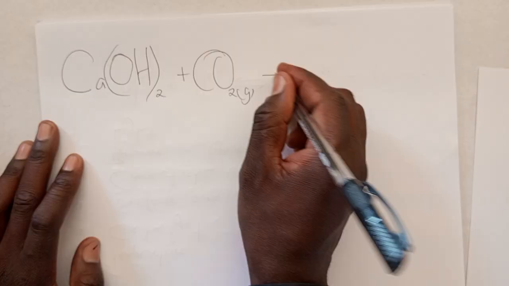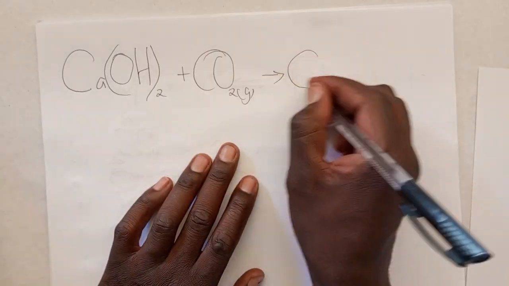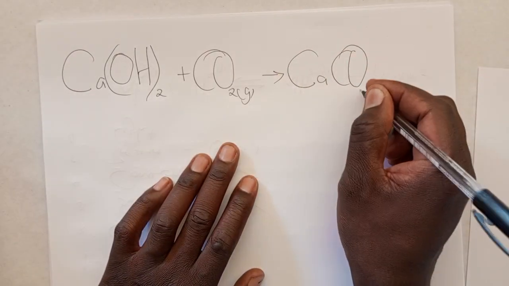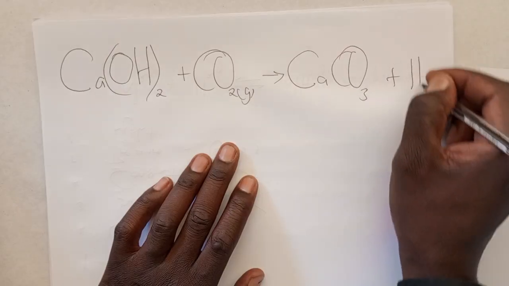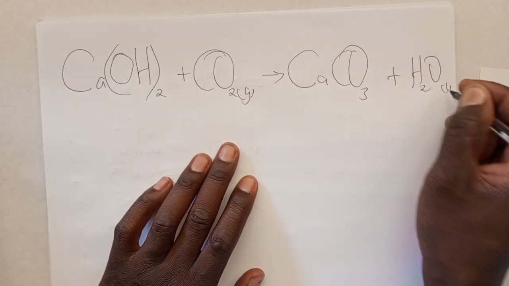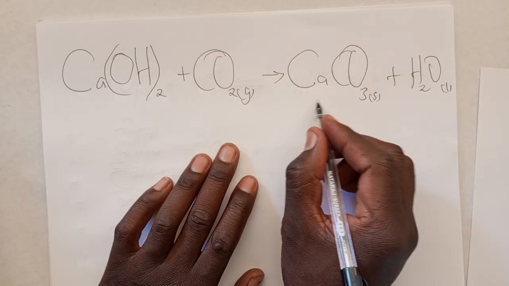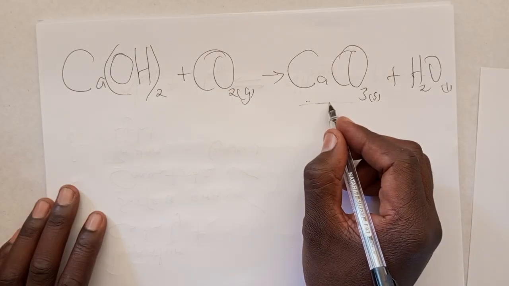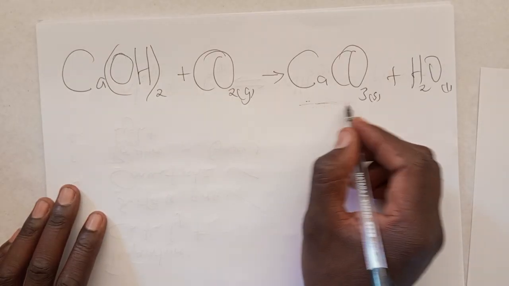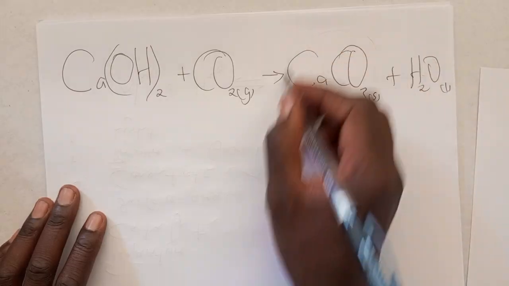What does this give us? It gives us calcium carbonate plus water. This is what you get, and this is the milky cloud which is formed.